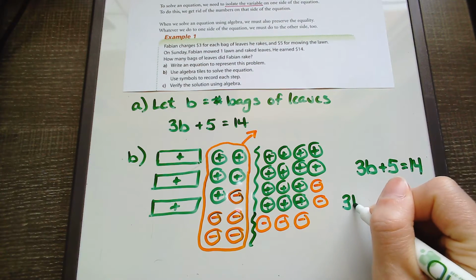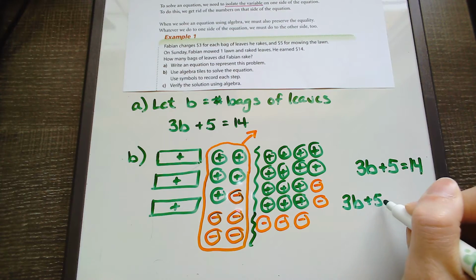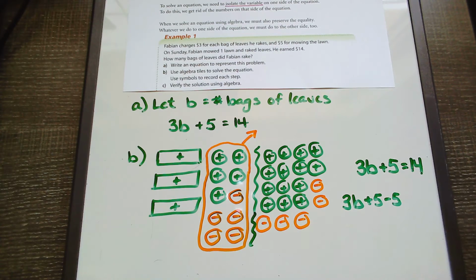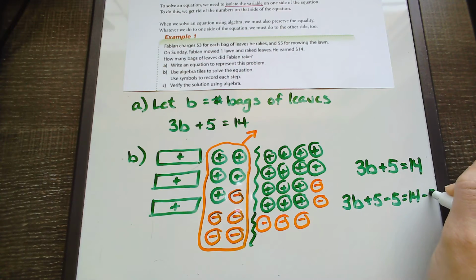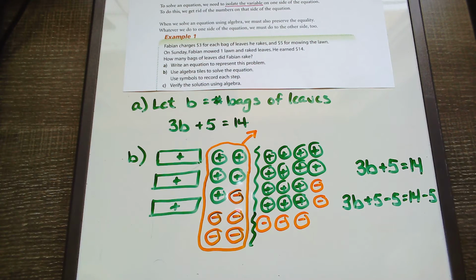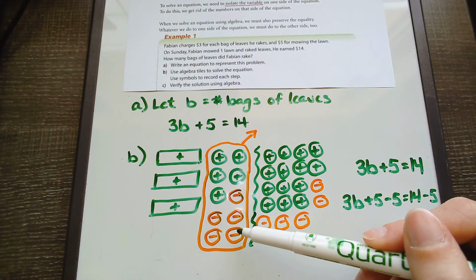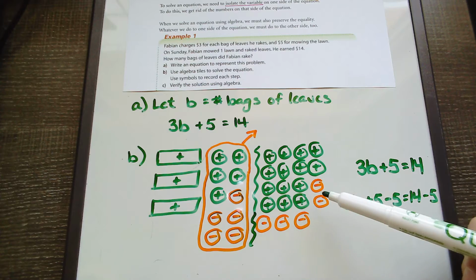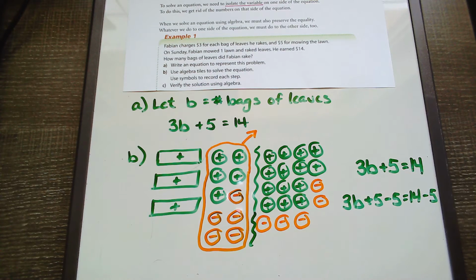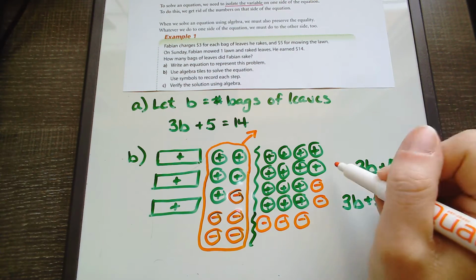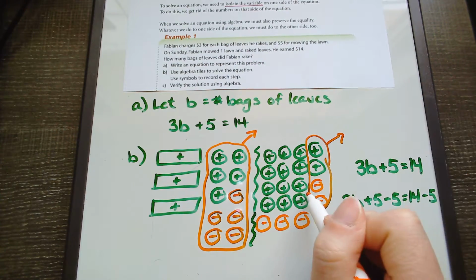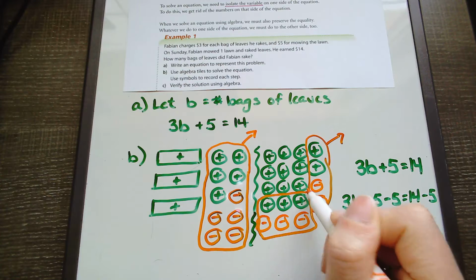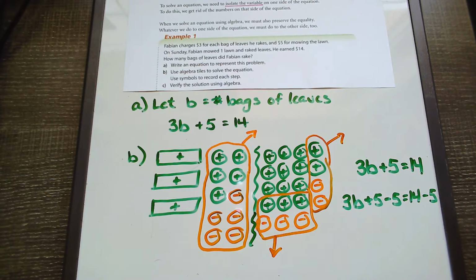So what I can write is 3b plus 5 minus 5 equals 14 minus 5. Makes sense? I have 5 positives, 5 negatives, 14 positives, and 5 negatives. Now, I do need to take these away here. So this group becomes 0, and that group becomes 0.